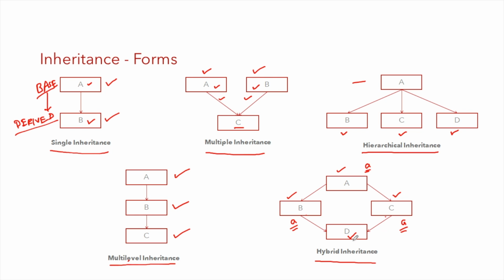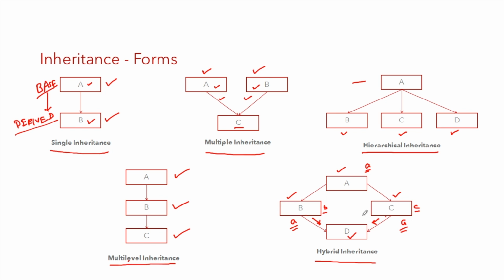So to the compiler, it can give one ambiguity, especially when D is going to derive properties of B and C. There is no problem when it is going to derive individual properties of B and C, let's say small b and small c.